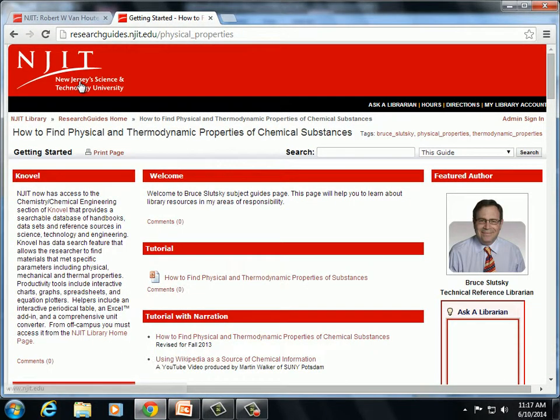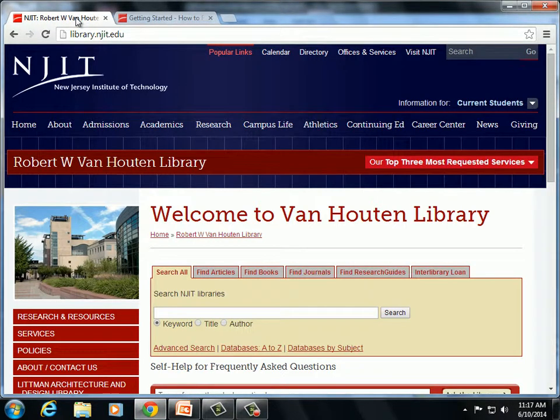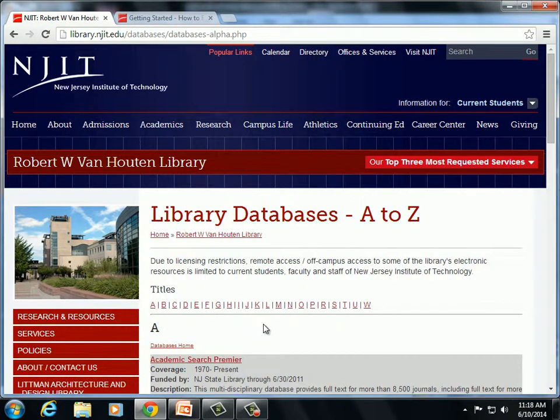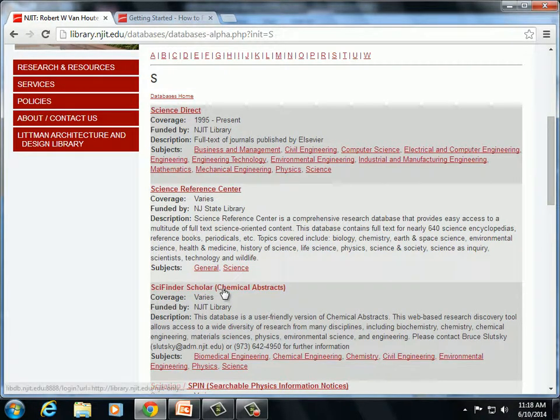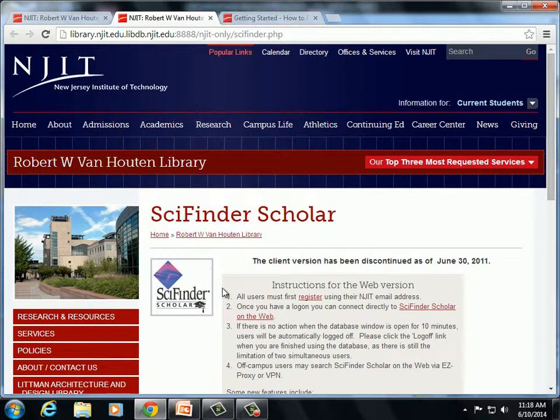Okay, so to get at the databases from the NJIT library, we go into the library homepage, library.njit.edu. Click on the databases under S for SciFinder. SciFinder is the only database that we have here at NJIT where you have to register and get an account.